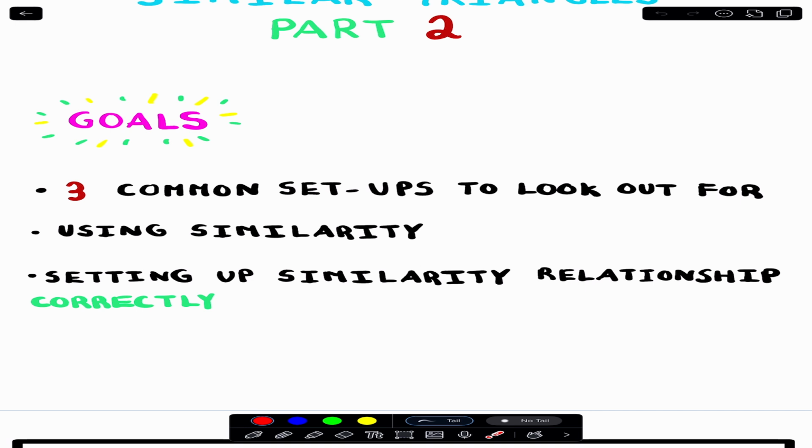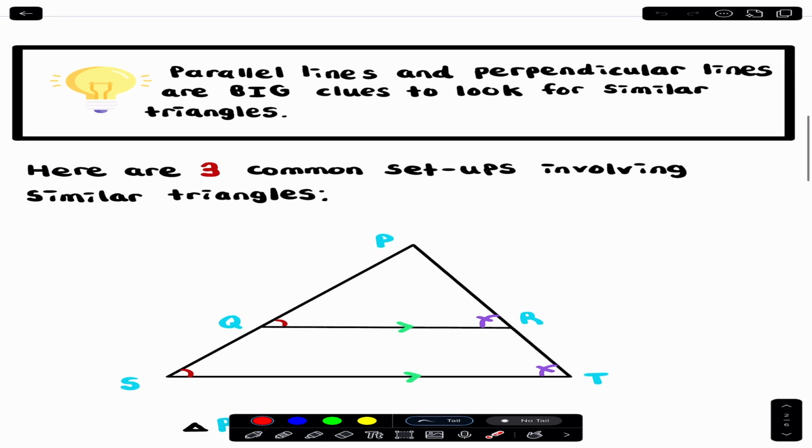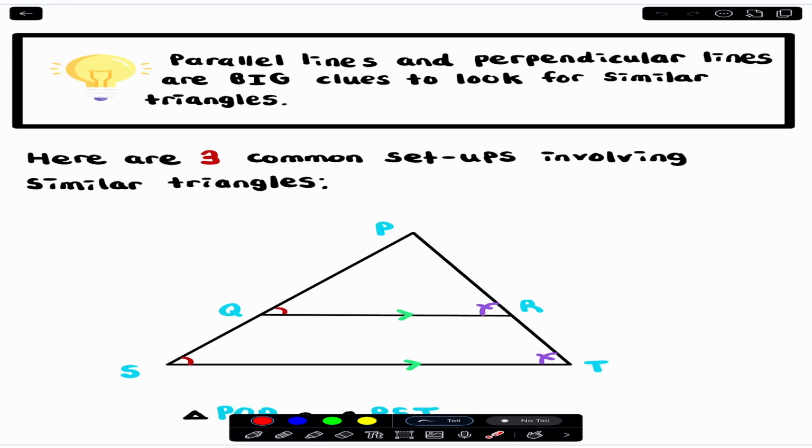Now before we dive into the problems, I want to give you one helpful strategy, and it's a big one. So pay attention to this. This is the main idea I want you to walk away with. And that is parallel lines and perpendicular lines. These are big clues to look for similar triangles.